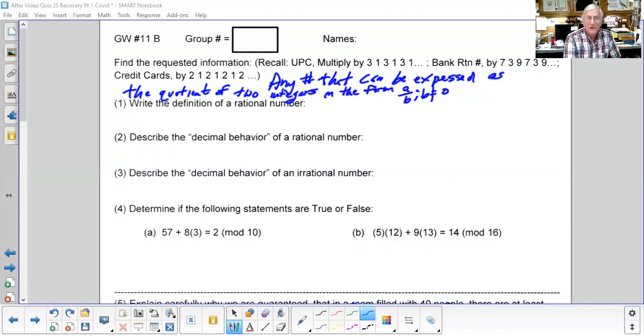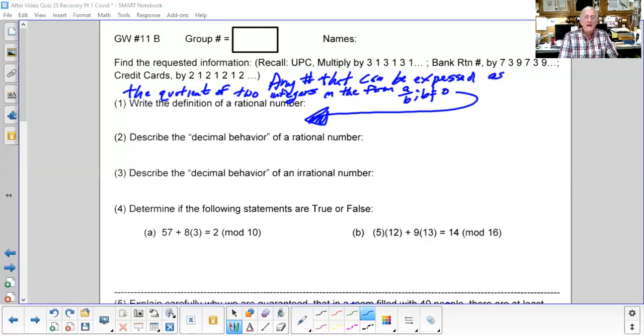That could be P over Q, Q not equal to 0, as was done in the other videos you saw in the previous class. I wrote that up above where the definition was supposed to go, but that's what's supposed to go in there.